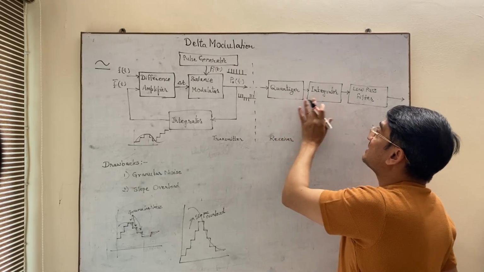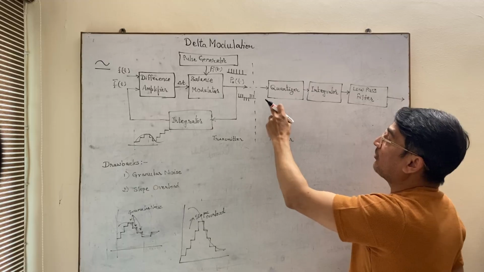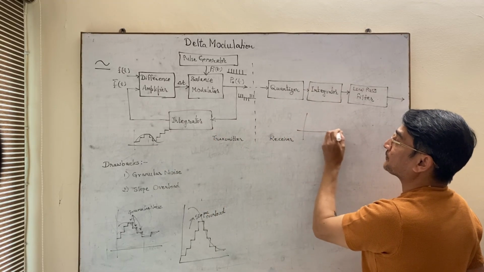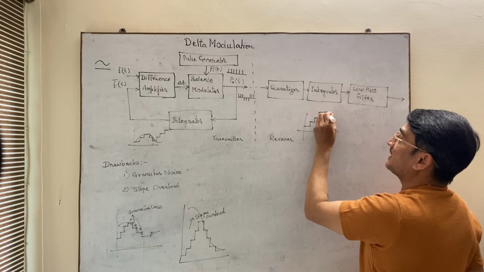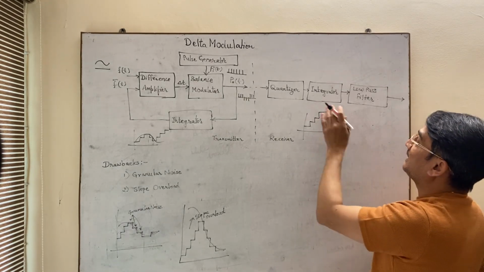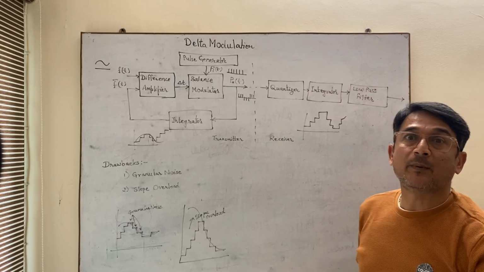After the quantizer, the signal is given to the integrator. Obviously the integrator output is the same as this, positive and negative steps, something like this. Then this signal is given to the low pass filter.